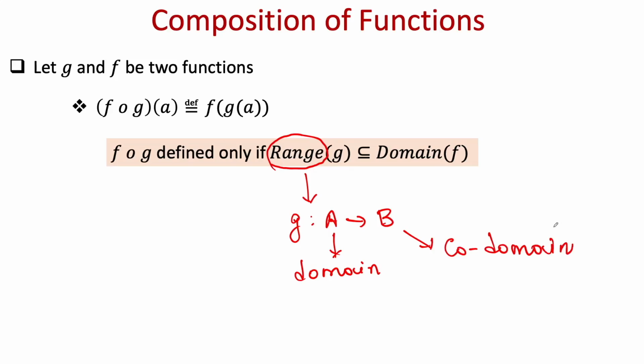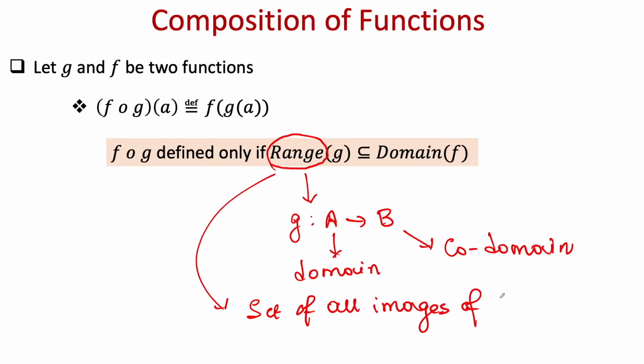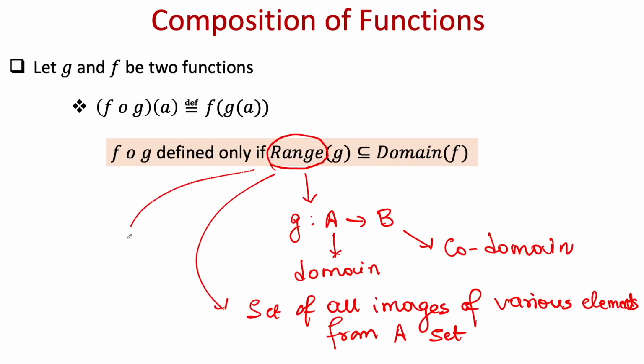The range set is the set of all images of the various elements from the set A. That means this range is a subset. It may be the entire set B, or it might be a proper subset of the set B.